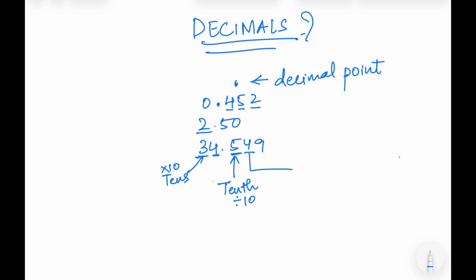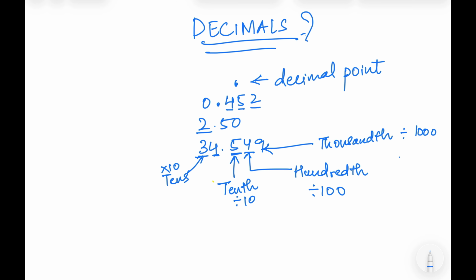Tenth means divide by 10. The second number here, the place value of this number is hundredth. So this is divide by 100. And the last number here, the place value is thousandth. That is divide by 1000. Okay, so there can be more places like ten-thousandth and so on.